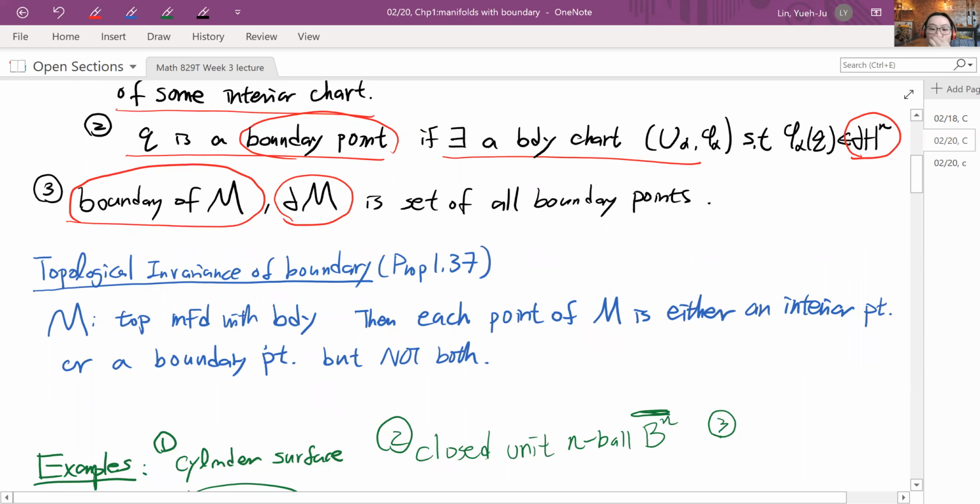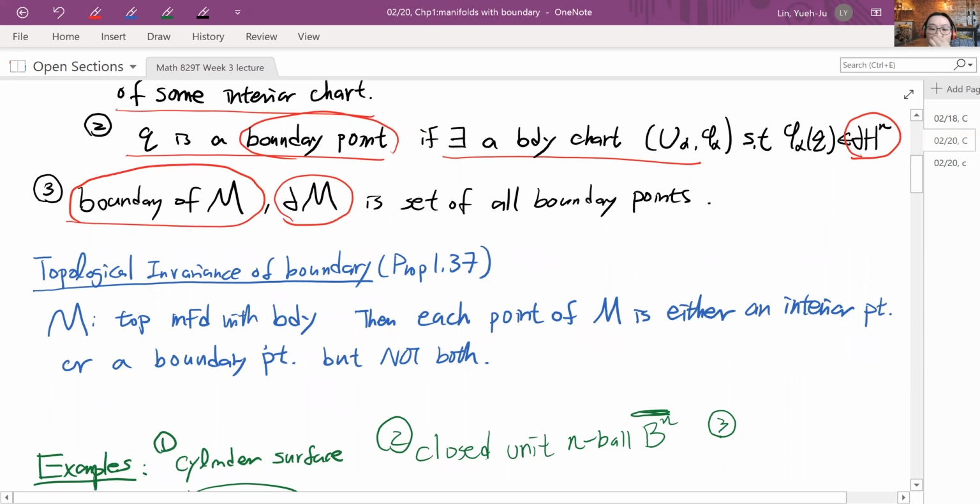Something like this. If you can find another map, let's call it capital F, such that this capital F is smooth, right? And at the same time, when you restrict it to the domain where the larger interval overlaps the original domain you want, this capital F coincides with the original map.